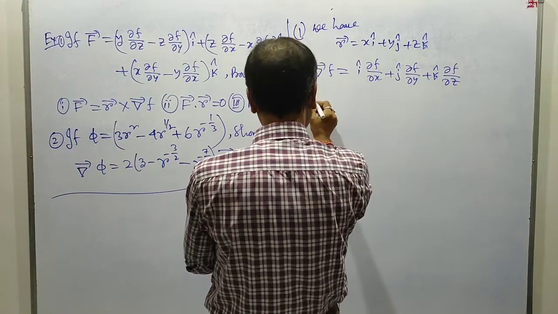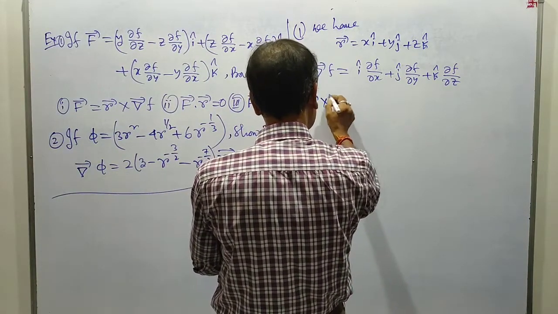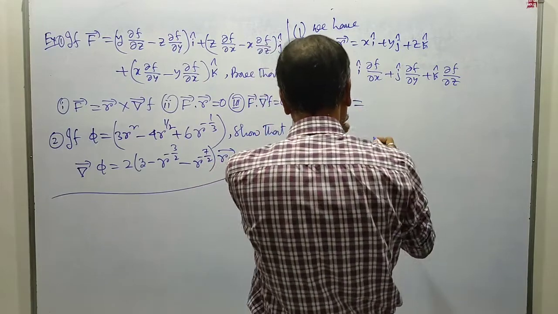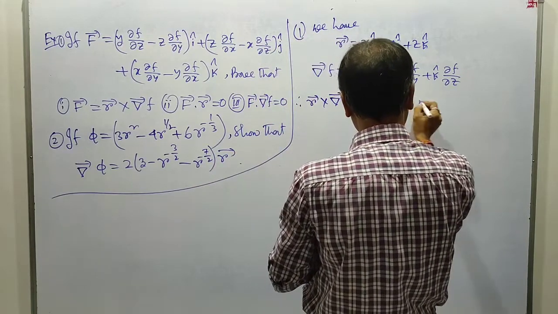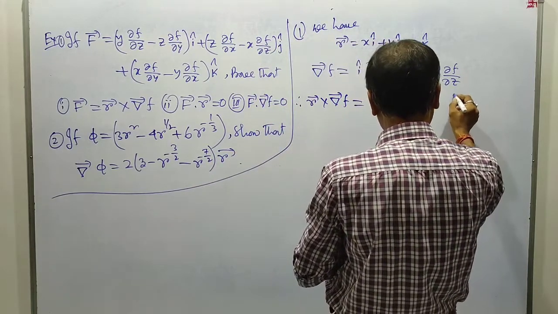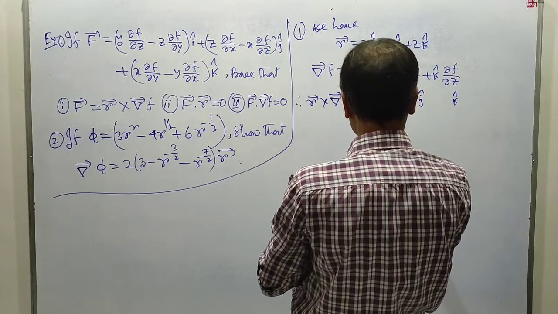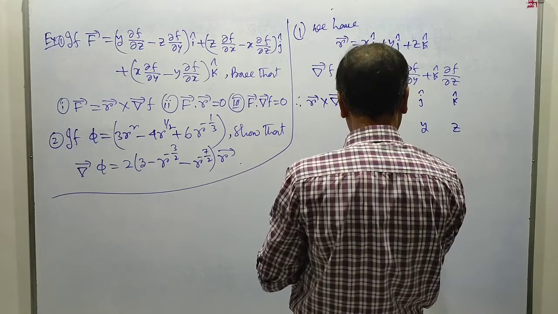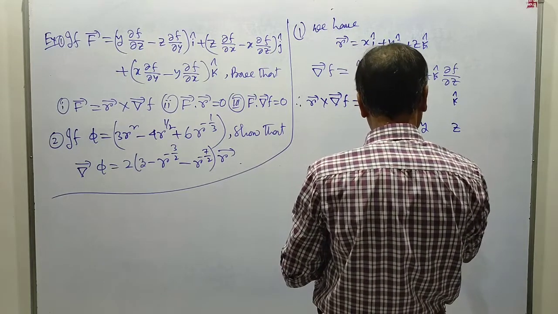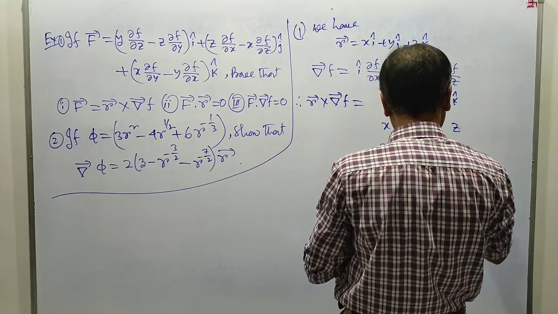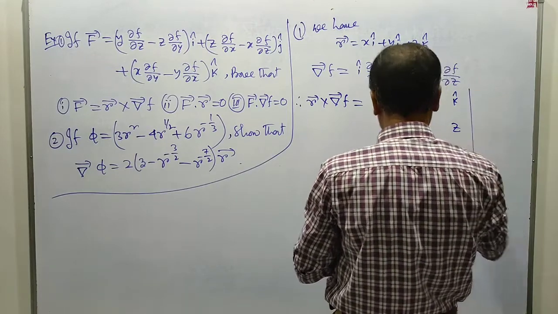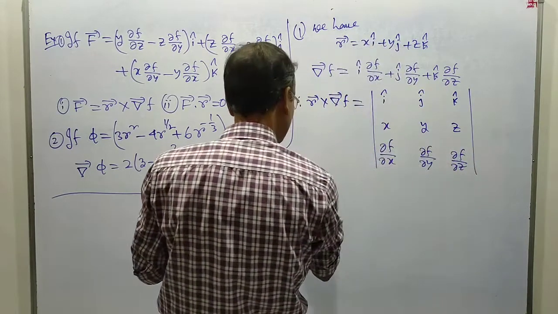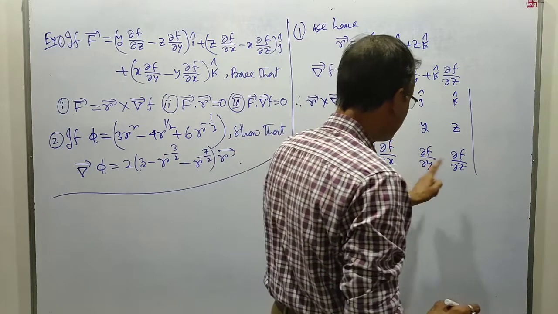Therefore, R vector cross the gradient of F equal to the determinant of i cap, j cap, k cap; x, y, z; ∂F/∂x, ∂F/∂y, ∂F/∂z. This is equal to this into this minus this into this.